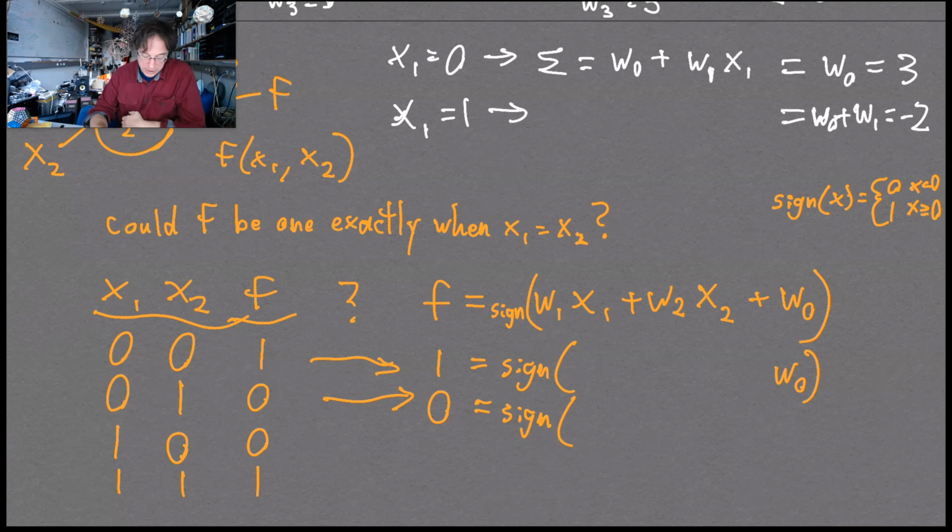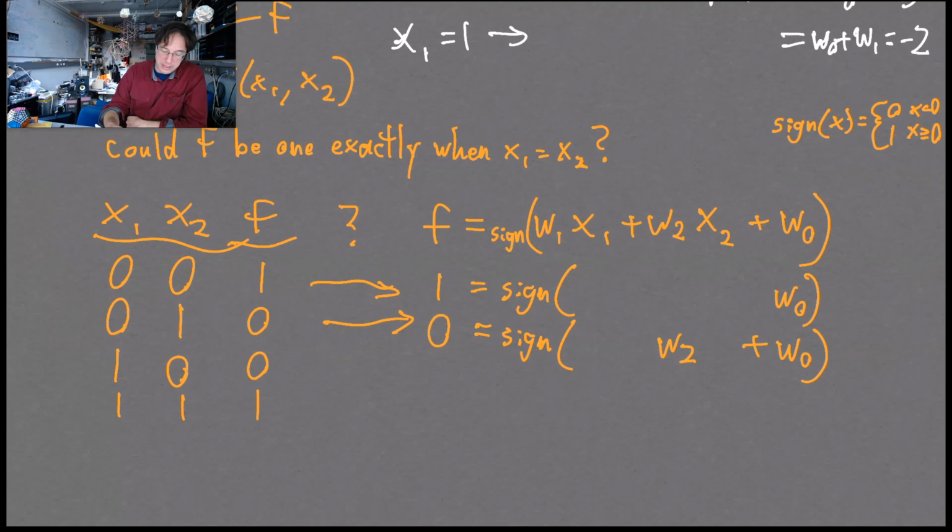In this case, the weighted sum is w2 plus w0, and that should be negative. The sign should be 0. And we can do this for the others.